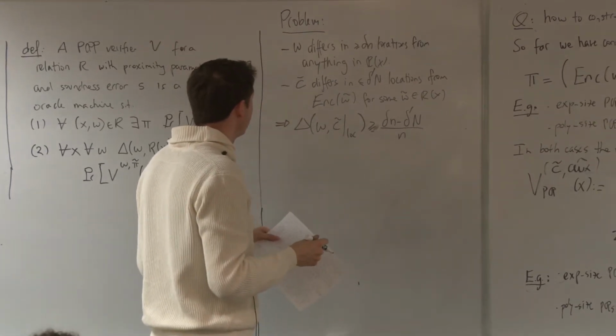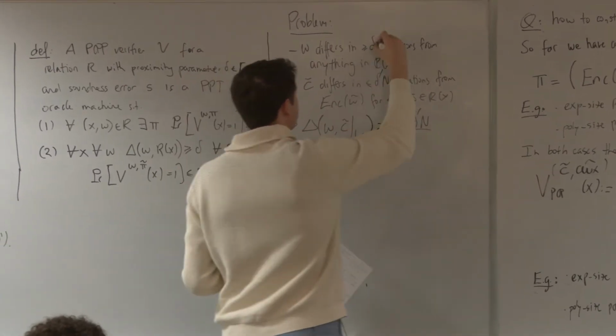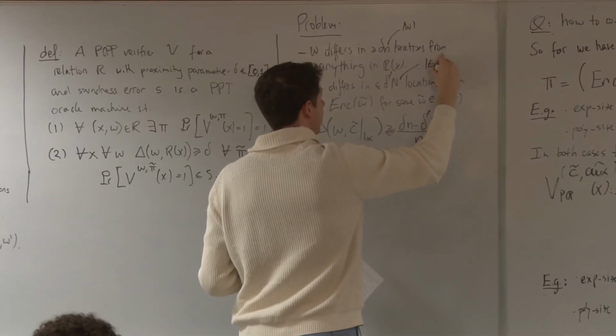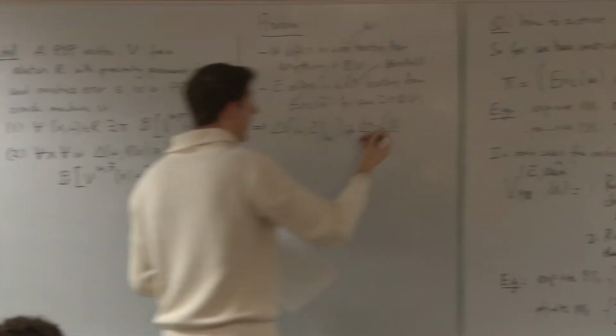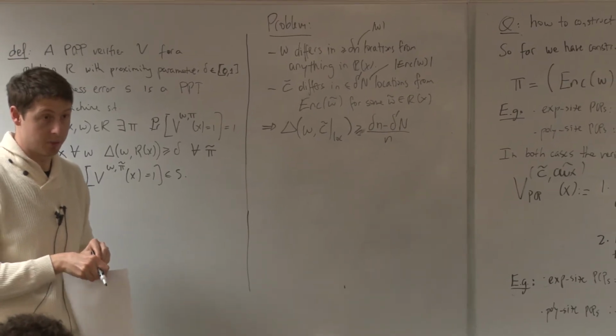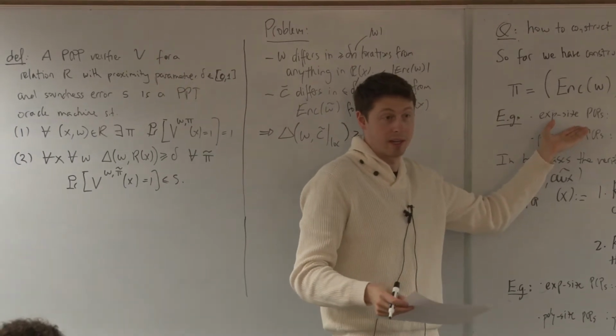Sorry? So here I'm saying that n is the size of W and capital N is the size of an encoding of W. And we expect generally capital N to be much bigger than small n. For example, for Hadamard, it actually is exponential in size.